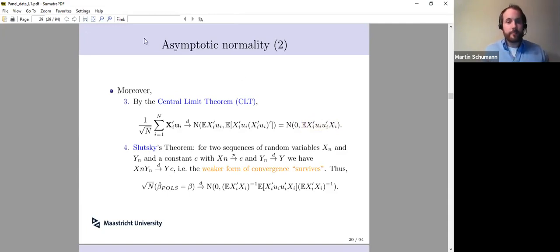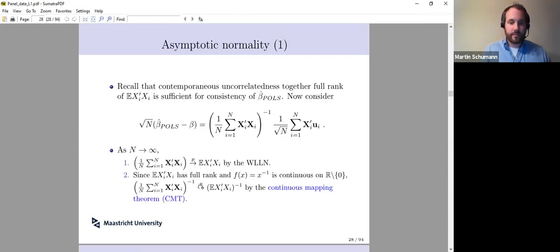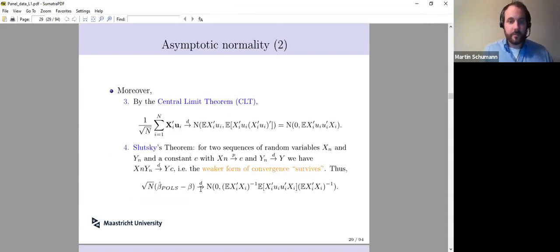Now, we have one thing that converges in distribution, and another thing that converges in probability. So how do we combine these things? Well, we have Slutsky's theorem. If we have two sequences of random variables, and one of them converges in probability to a constant, and the other converges in distribution to some random variable, then the combination of these variables converges in distribution to this distribution times the constant.